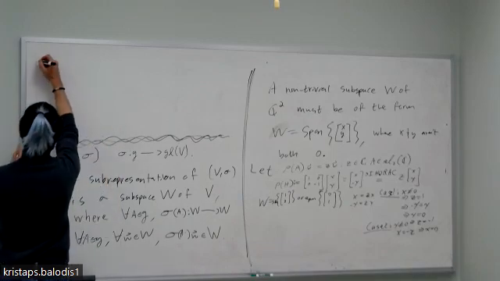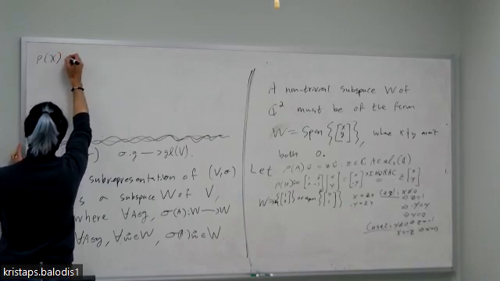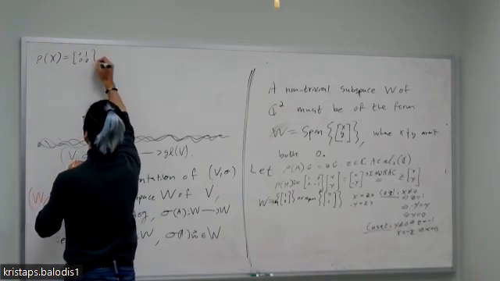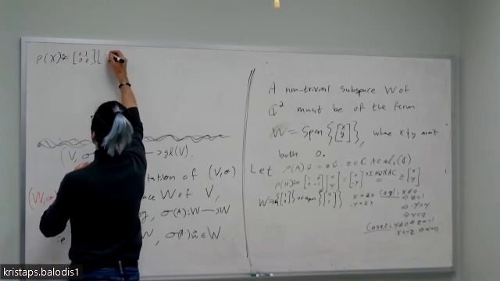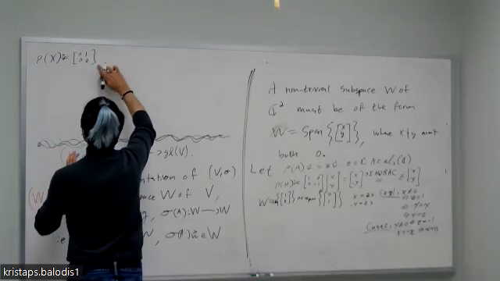Okay, so if I do rho of, say, take X, that would be just (0,1; 0,0). Apply it to W. Well, we've got two candidate vectors.